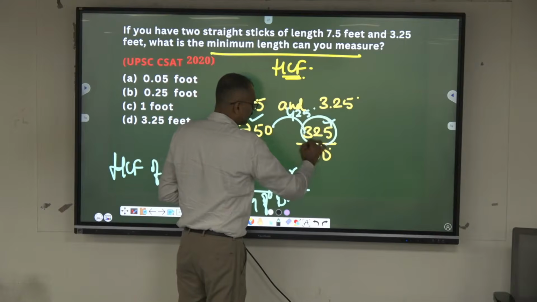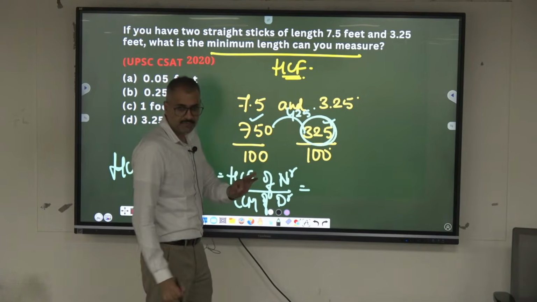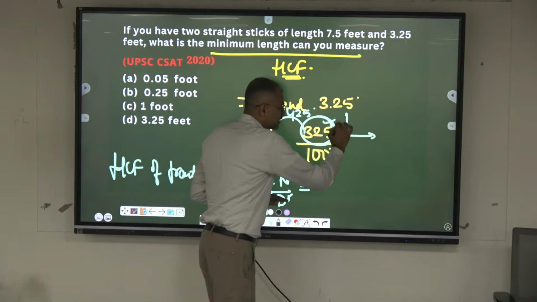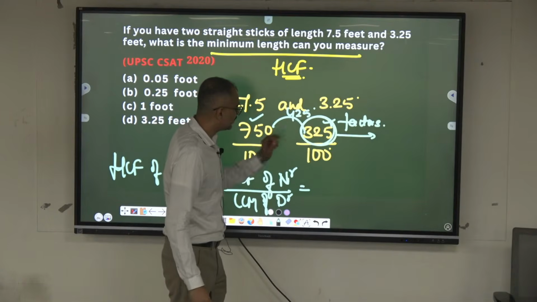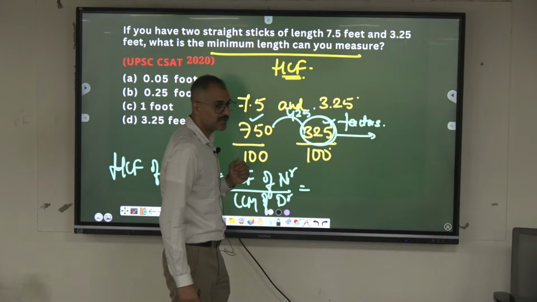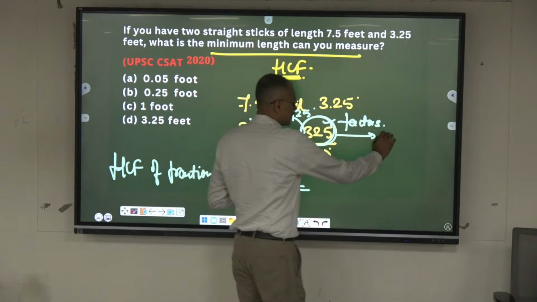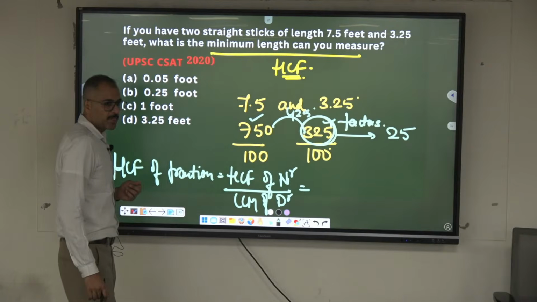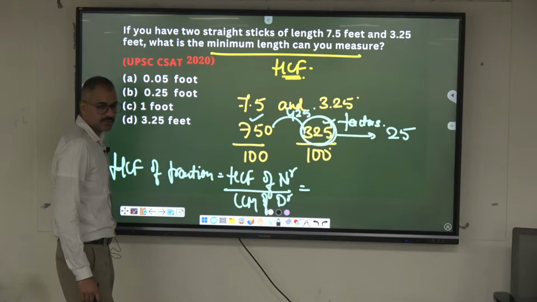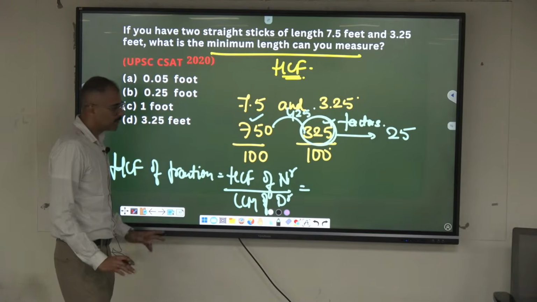See, either 325 has to be the HCF, or else one of the largest factors of 325 has to be the HCF. Okay, what is the largest factor of 325 which can divide 325 as well as 750? I think it's 25 only. Okay, 75 is not possible. 125 is also not possible. So it has to be what? 25. 25 is the HCF.